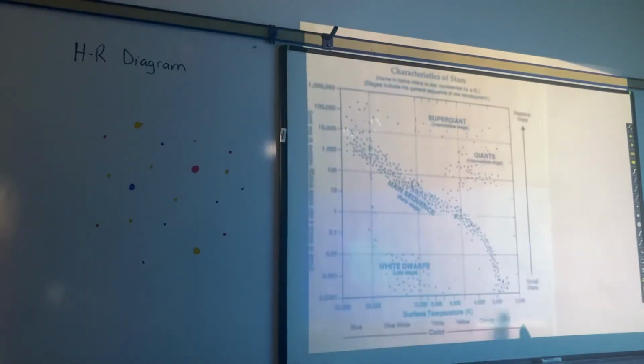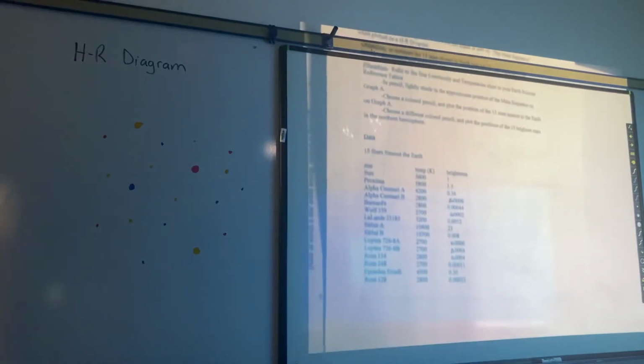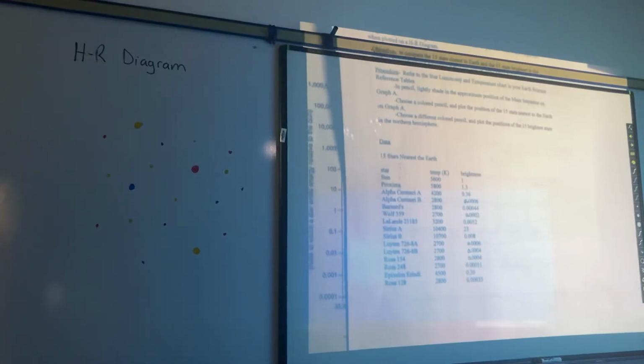So I'd go 5,600 be right about there, brightness of 1. So I put like a data point right there. Right? So you're going to do this whole list of stars in one colored pencil. Now, if you don't have a colored pencil, you can put little stars on the chart to represent them.